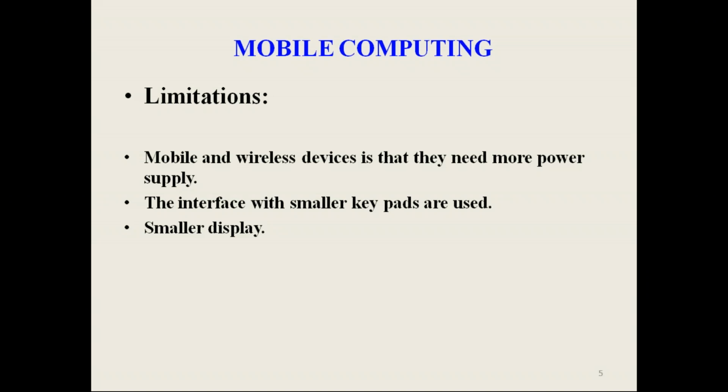The main drawback of the mobile and wireless devices is that they need more power or energy supply with more and more built-in features, as the batteries drain out fast.